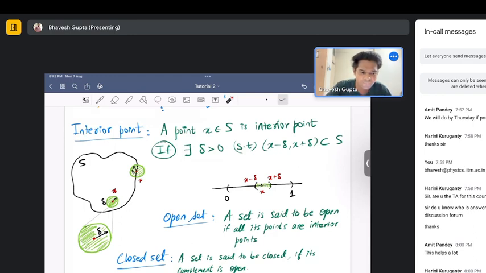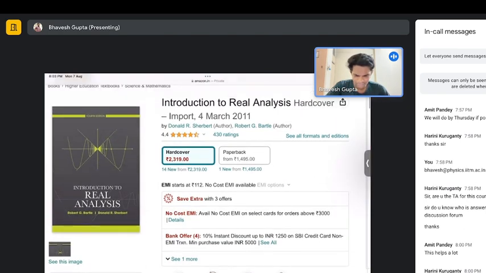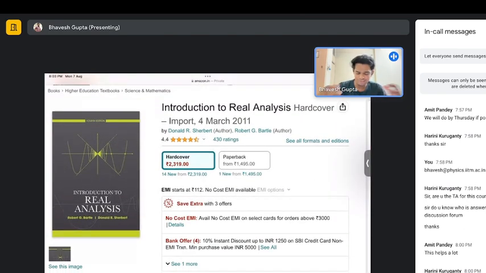Thomas Calculus is definitely a very good book for calculus, for question-related practice. Thomas Calculus is very popular for multivariable, not for single variable. The book I showed you has questions, but these books focus more on modern understanding.